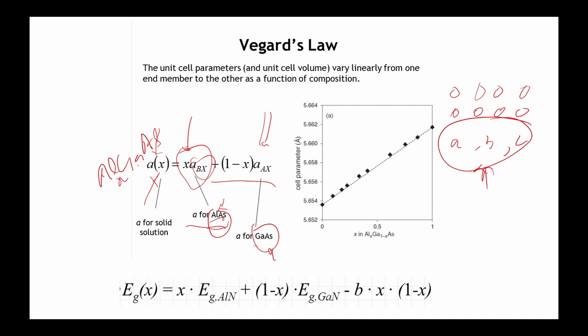So this Vegard's law gives us the lattice parameter for that ternary alloy.